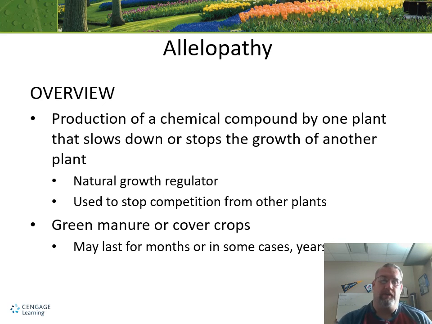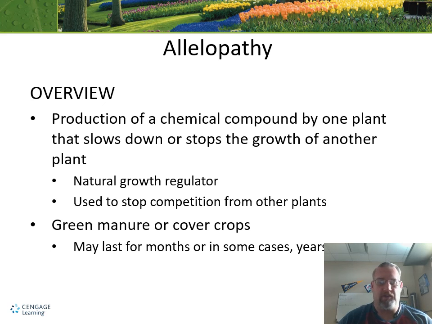And what you'll notice is most of the plants will not grow directly up to the plant. There will be a gap of dirt or a gap of area in between the other plants and the eucalyptus tree, and this acts as a sort of herbicide or a growth regulator to limit the amount of plants that grow and hog the space and hog the oxygen from these plants.